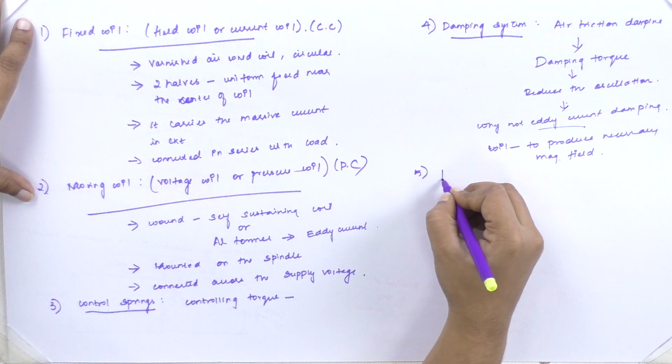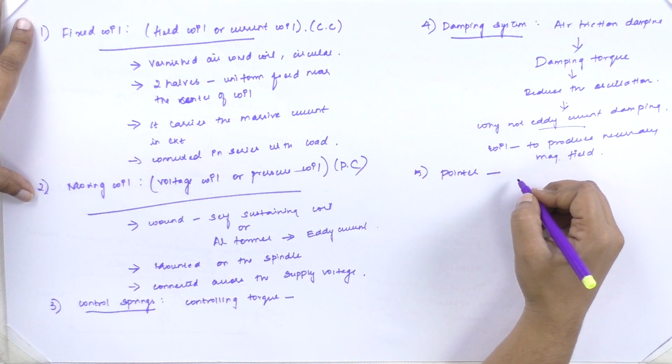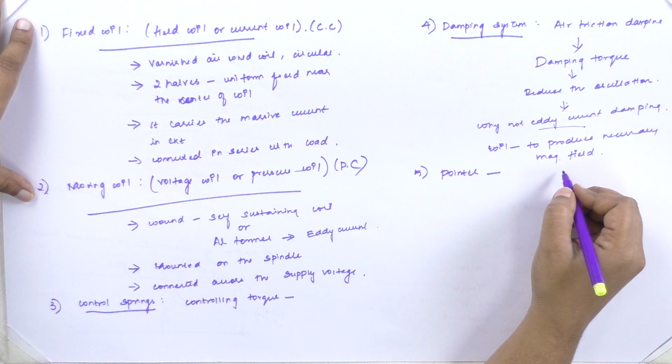So, the fifth one is pointer. The pointer is used to show the amount of power transferred to the system.